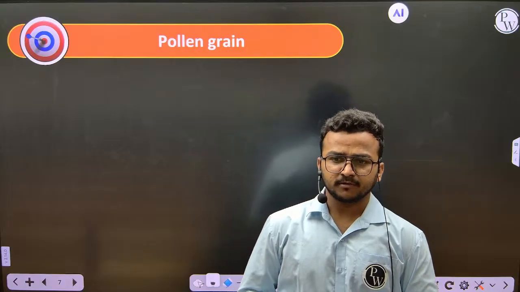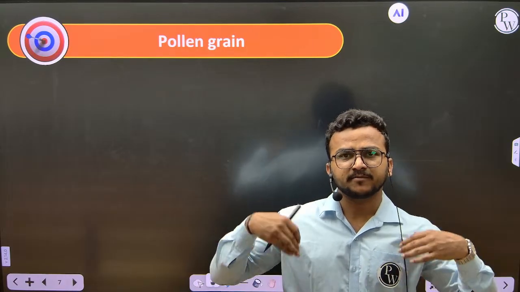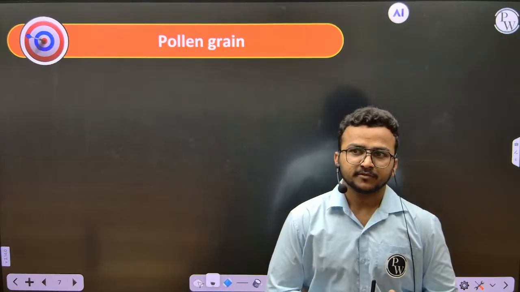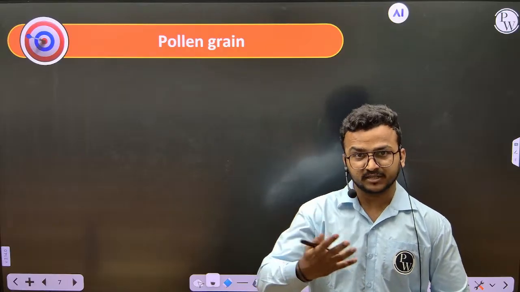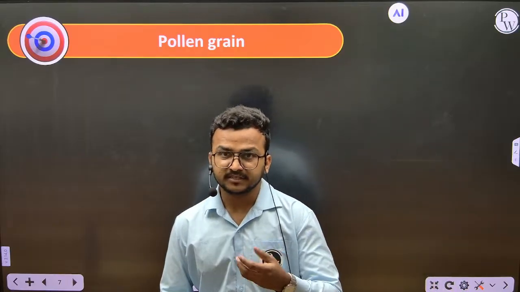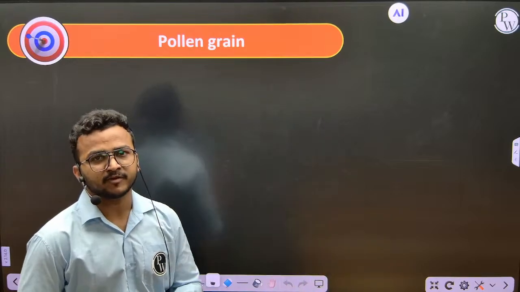You can see that all the trees will be blooming with the same color of flowers there. There are golden shower plants, which will be seasonally flowering there.